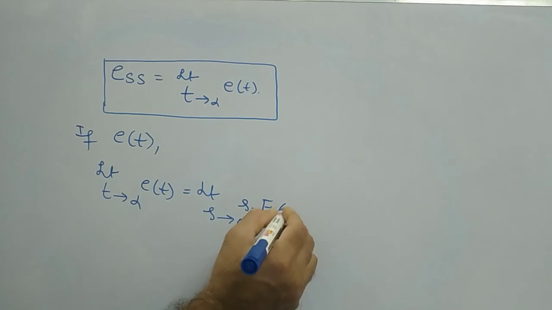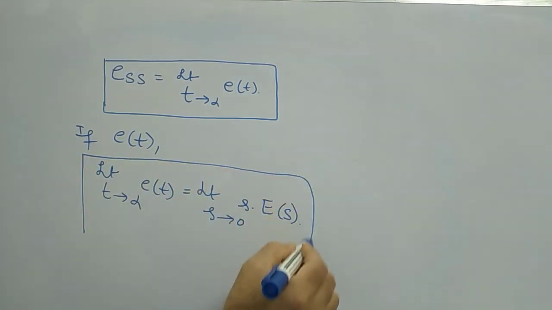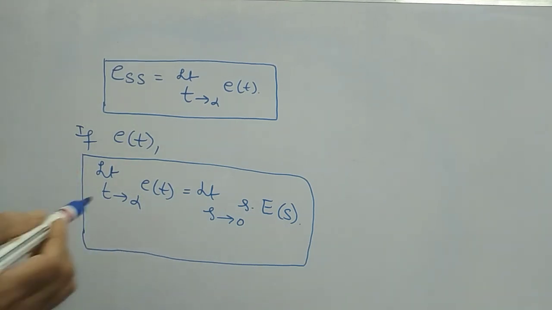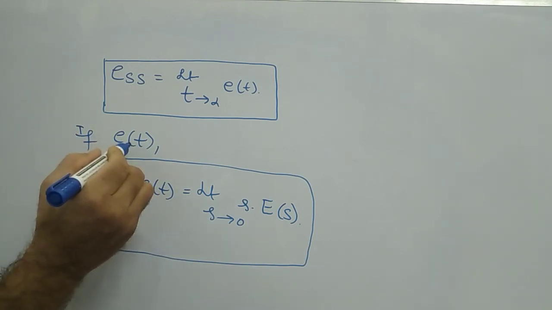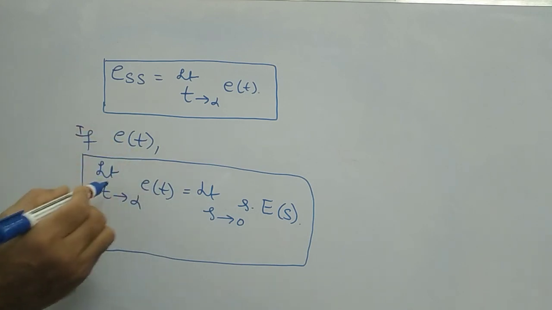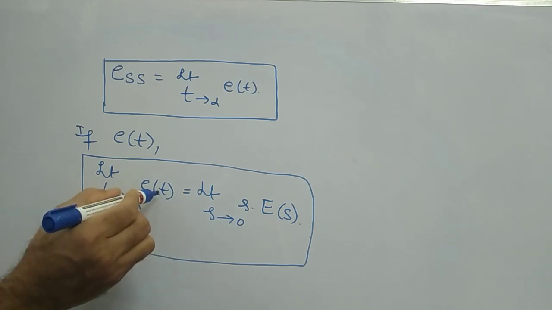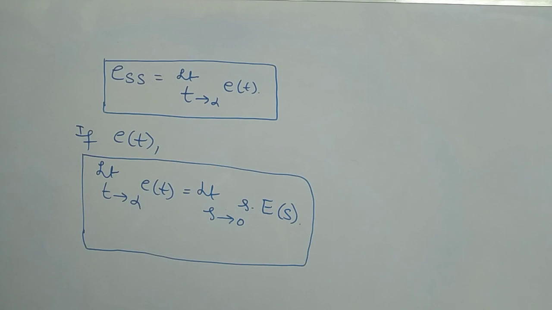Clear? So e of t is the given function now, the error signal. According to the final value theorem of Laplace transformation, limit t tends to infinity e of t is equal to limit s tends to 0 s into E of s.